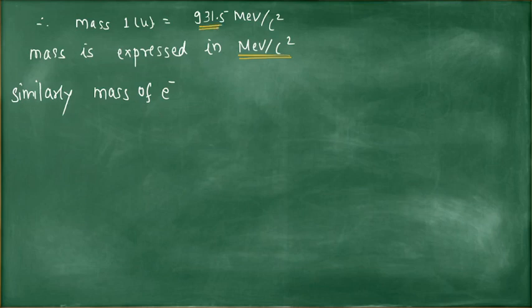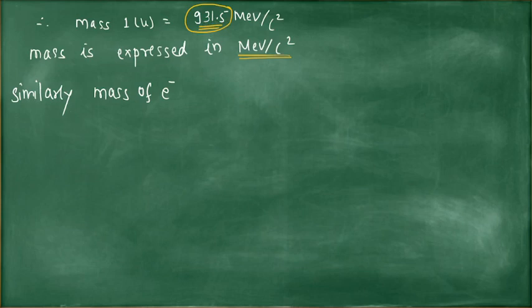The mass of proton is 1 U, and the mass of neutron is also 1 U. So in mega electron volt per c square, mass of proton is 931.5.